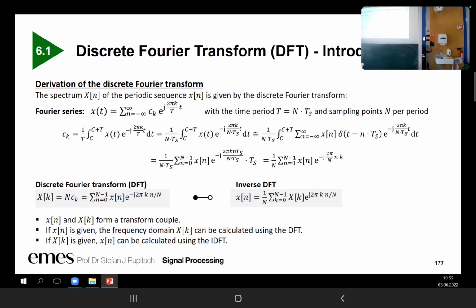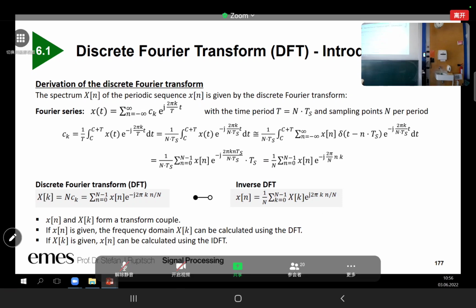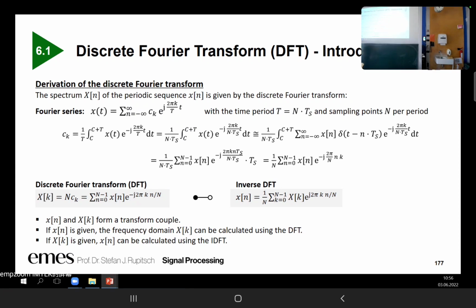Yeah, a question about the information? Very good point. I didn't mention this because in this case we are considering that we start counting our signal with the index 0. Xn is our first point of the signal, or in other words, we assume a causal signal which starts at 0.